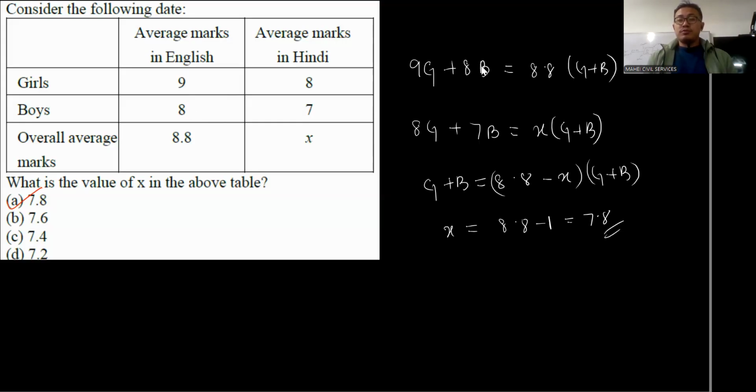B is the total number of boys and 8 is the average marks scored in English by the boys. The overall average is 8.8, the average of all students, girls plus boys.